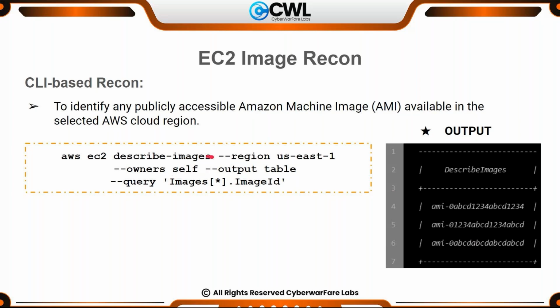You have to specify the region for the search. And the second part is the dash query. This option extracts the image IDs from the output. Additionally, due to the dash output option, as mentioned table, we are getting the snapshot IDs presented in tabular format.